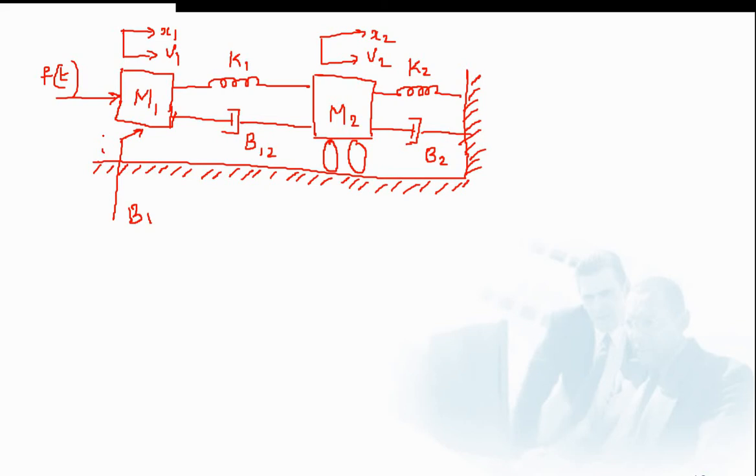So the first step is to write the dynamical equations governing this mechanical system. How can we write these dynamical equations? We can write the dynamical equation by drawing the free body diagram.